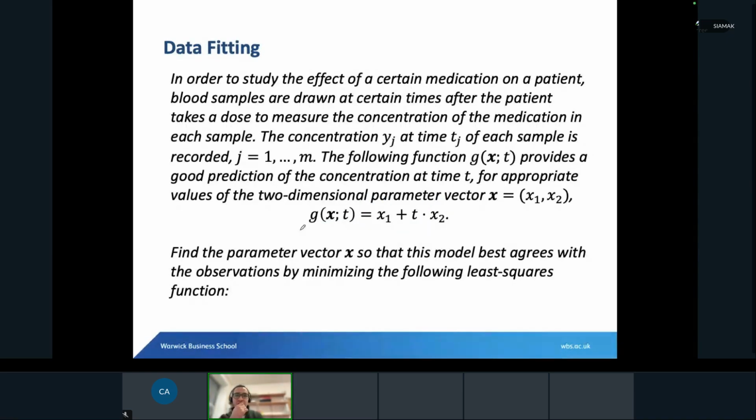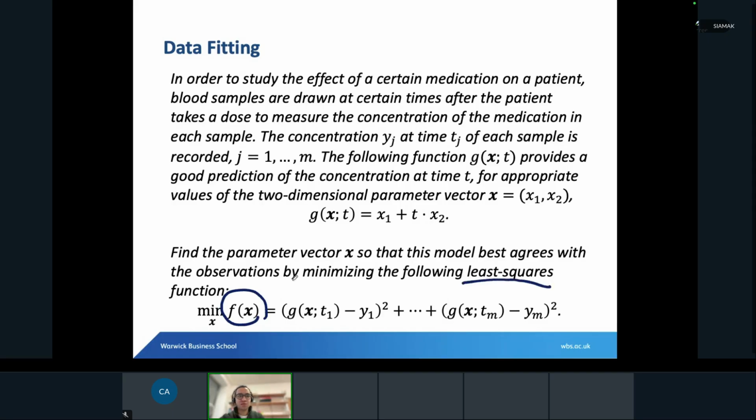Find the parameter vector x so that this model best agrees with the observations by minimizing the following least squares function. This is what we want to do. So what we have here, we want to minimize this function, which is essentially the squares of the errors that we have. This is the prediction that we have.